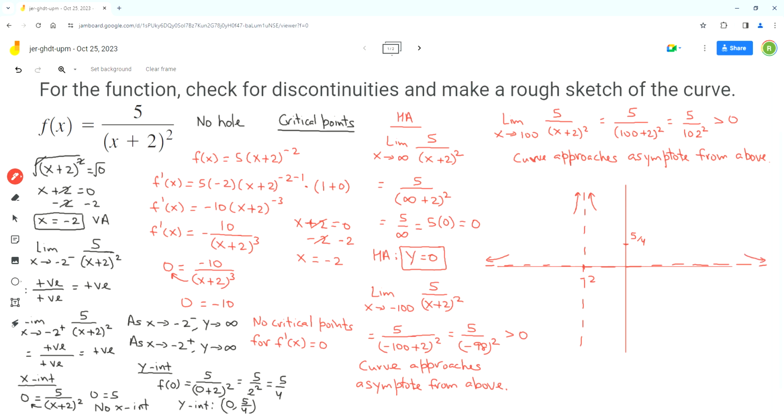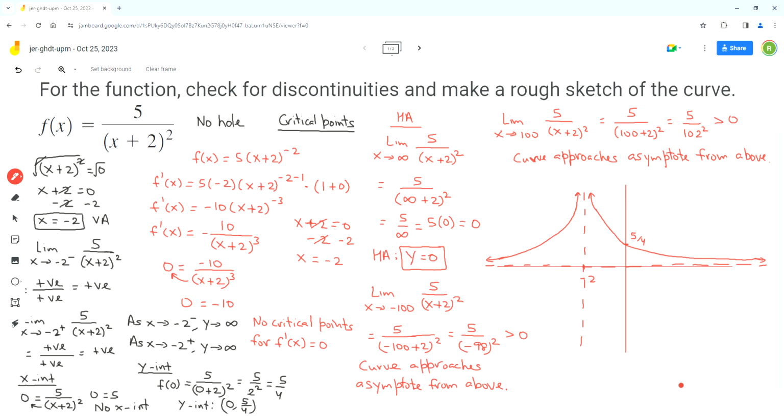So now we can join these end behaviors to get the sketch of the curve. So on the left side, we can just connect these end behaviors like this. And on the right side, we can join the end behaviors through the y-intercept. So this can be the rough sketch of the function based on the key features that we found for this function.